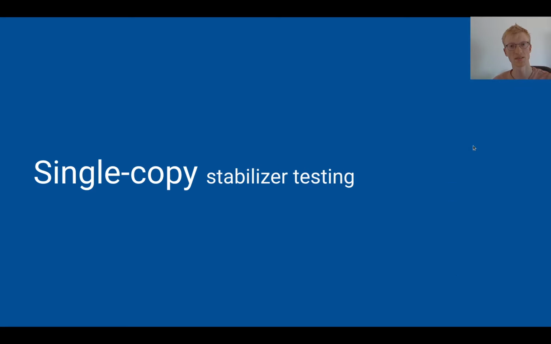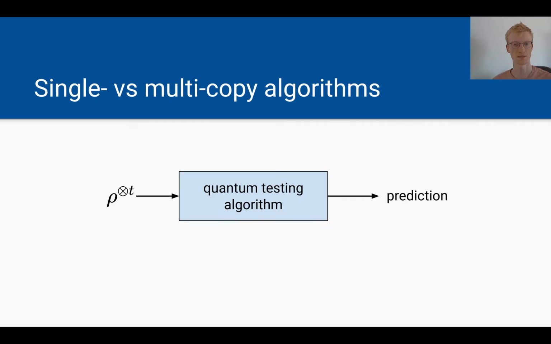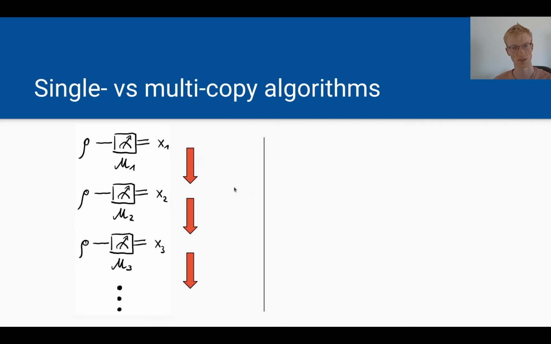Let's focus then on the single copy part. To understand the distinction between single and multi-copy algorithms, we have to sort of zoom into this box here that I've called the quantum testing algorithm and explain a bit more what's going on inside. So a single copy algorithm is one testing algorithm, in our case, that operates as follows.